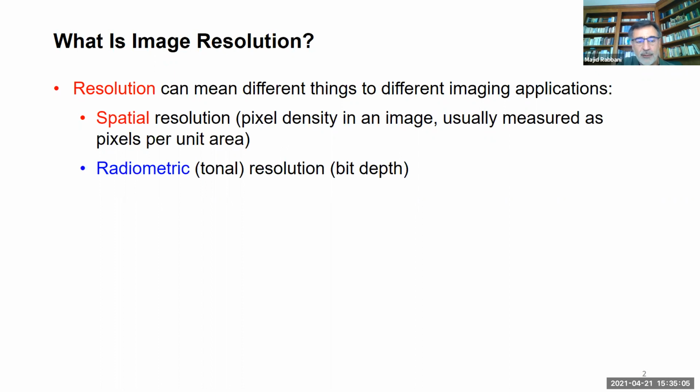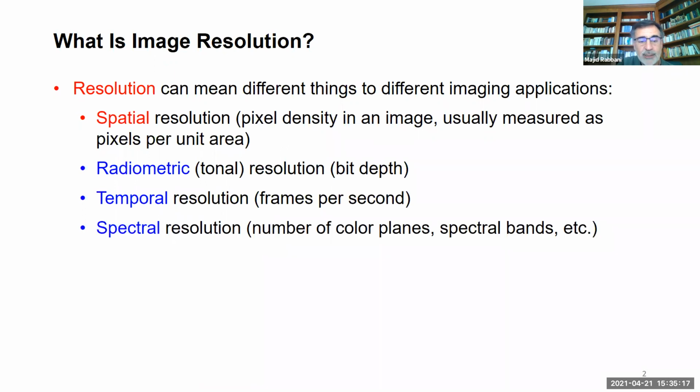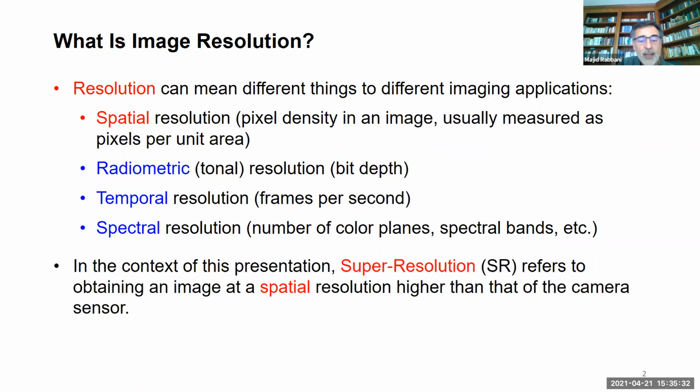But some people might look into radiometric resolution, which is a tonal or bit depth type of resolution, or temporal resolution, which is the number of frames. A lot of people who work in remote sensing within the Center for Imaging Science look at spectral resolution, which for a color image could just be the number of color planes, or could be the number of spectral bands for Landsat images, which could be in excess of 2,000. But in the context of this presentation, we really look at spatial resolution, and that's what we're trying to super resolve.